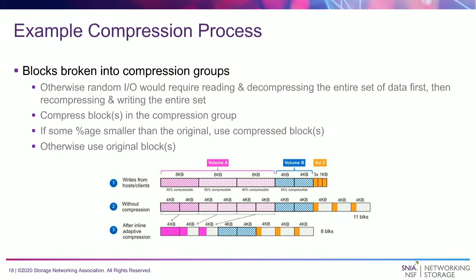And if you look at the diagram, I know it's rather small, but you may be able to make this bigger on your screen. You can expand the presentation to full screen. You'll be able to see, and I'm going to try and read this along with you, just bear with me a second while I pick up the original. What you've got is row 1, it writes from the hosts and clients.